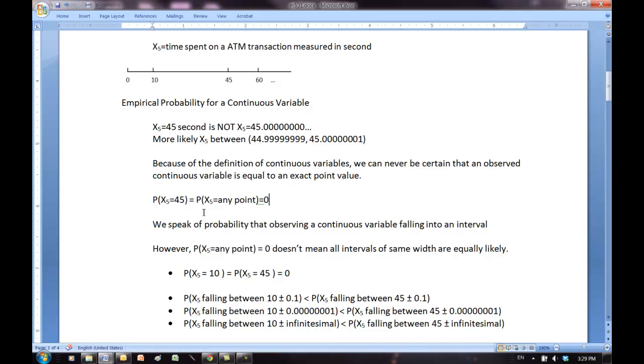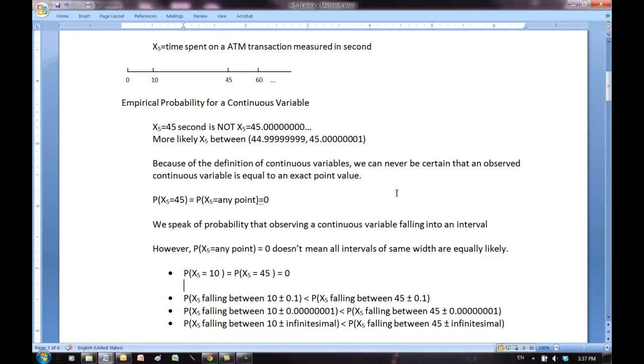And the same is true for the probability of x5 equal to any point on the number axis. We can only speak of the probability of observing a continuous variable falling into an interval.